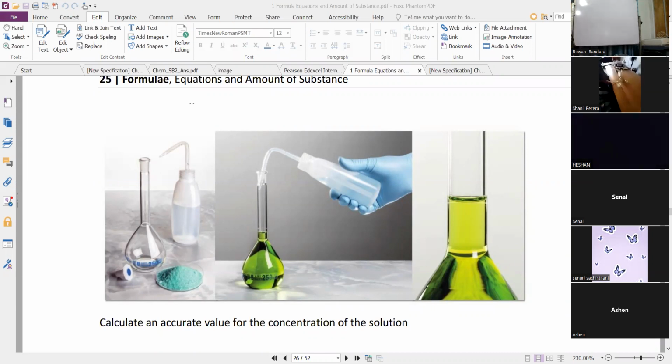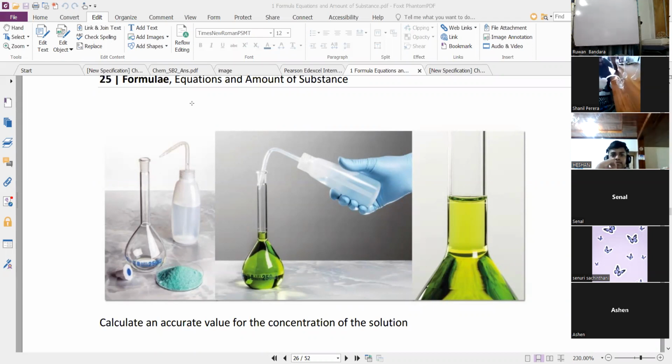The first step is you have about 100 cubic centimeters of deionized water. So about 150 you had it.